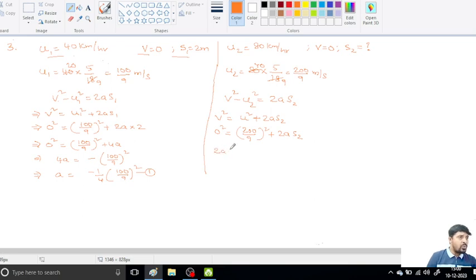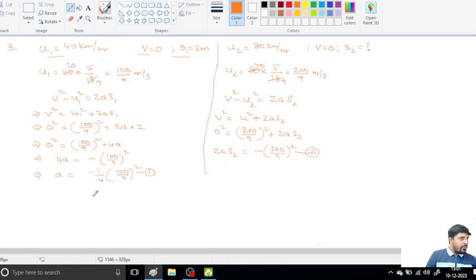So 2as2 equals minus of 200 by 9 whole square. Okay, we got it. This is equation number 2.